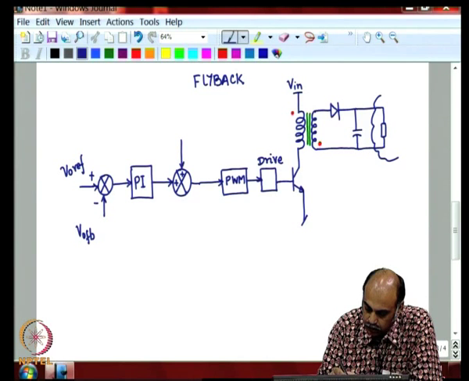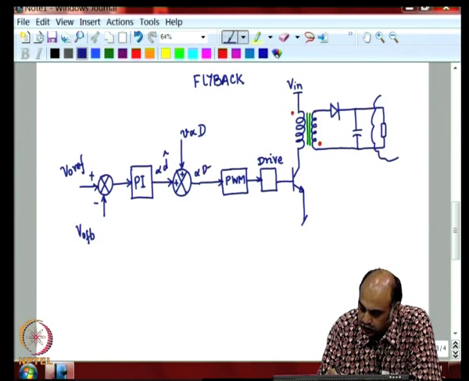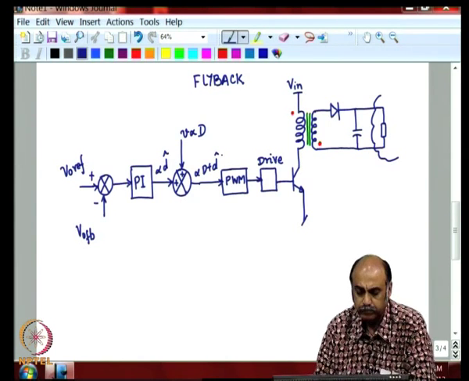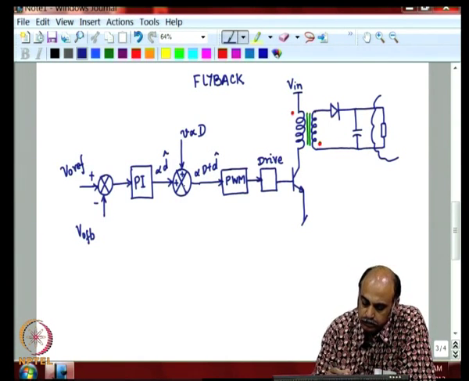So, you give a voltage which is proportional to D here, and this voltage is proportional to D hat, and this will be proportional to D plus D hat. Okay.